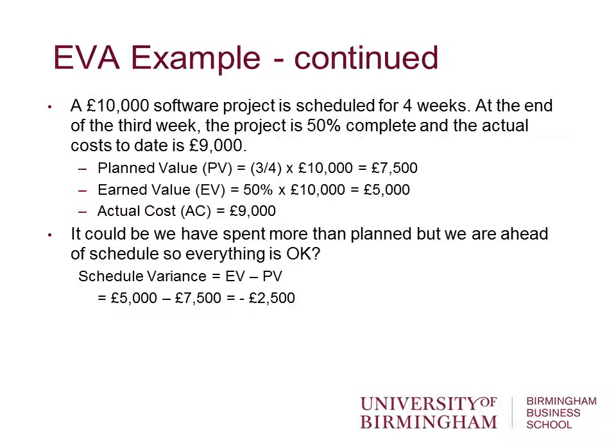We have those two figures at the top. That leaves us a figure of minus £2,500. That's a negative number. We know we have problems in terms of schedule. We're behind schedule, in other words. But we knew that anyway. In this example, we can see that in terms of figures. Cost variance is earned value minus actual cost: £5,000 minus £9,000 is minus £4,000. So we know we're overspending and we're behind schedule.